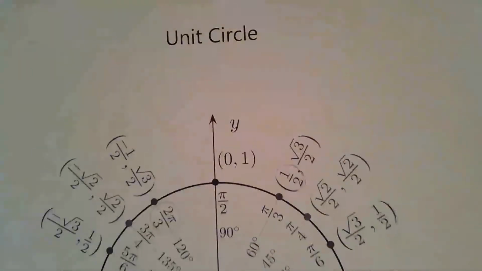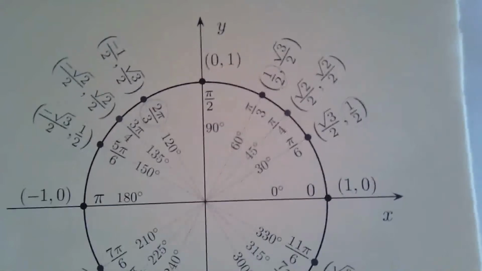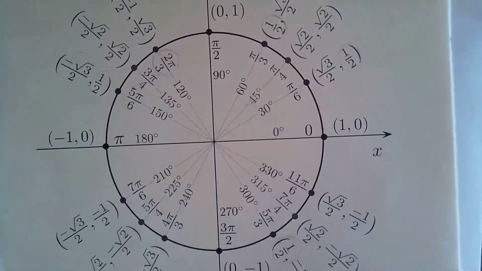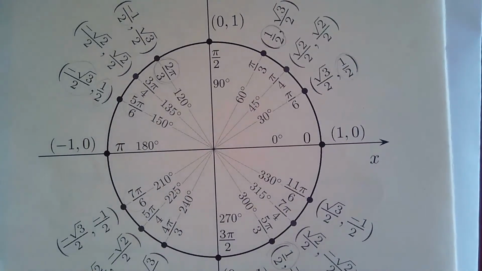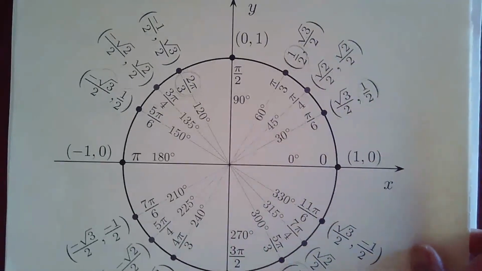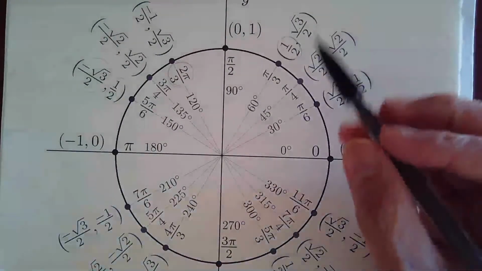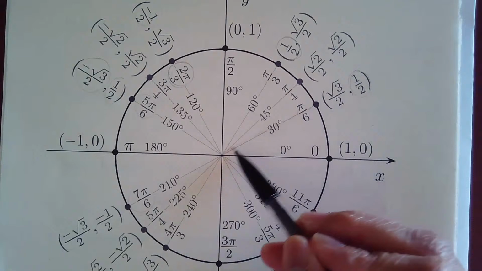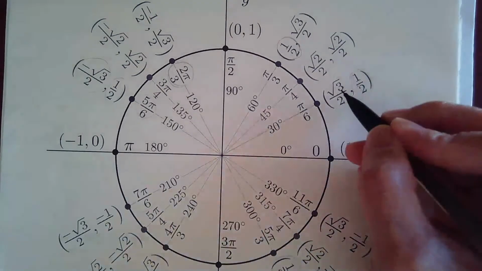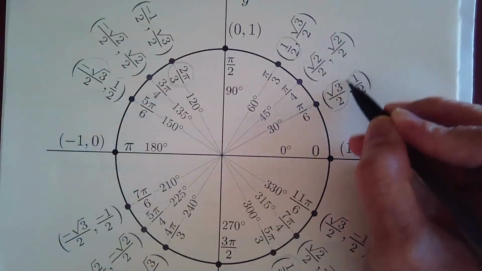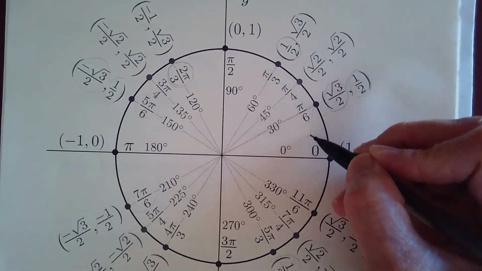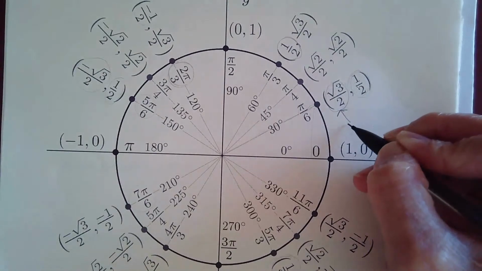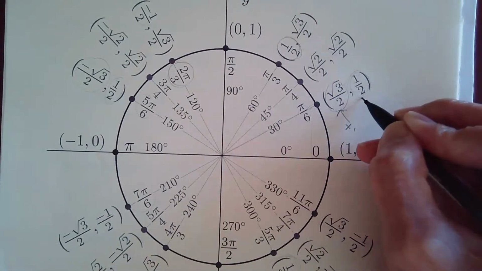Now, before we get into that, I just want to take a look at this one here. This is something that we've already talked about before. This is a unit circle, and this is going to be super handy when we talk about graphing. For a given angle, for example, this angle right here, it's pi by 6, we have x and y coordinates of that particular point on the unit circle.